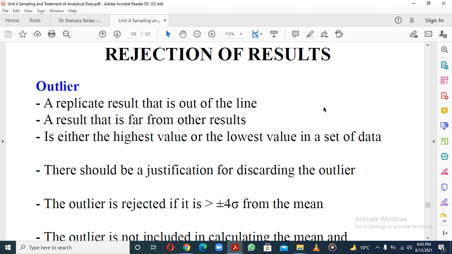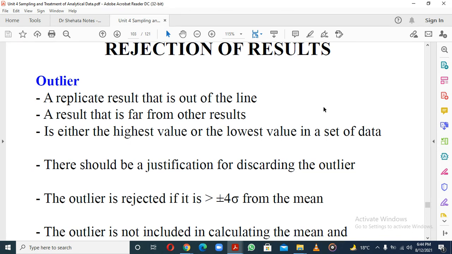It simply means, if you've done your analysis and you figure out that the value is greater than plus or minus 4 times the standard deviation away from the mean, because that's the z value from what we were looking at a short while ago, then you can reject it.